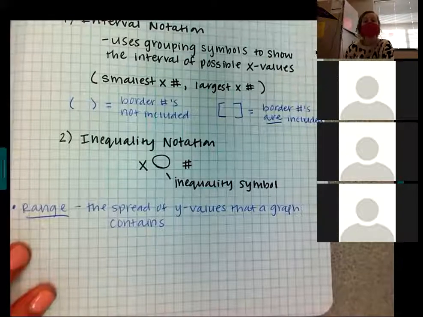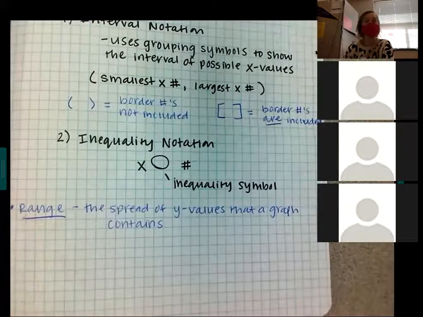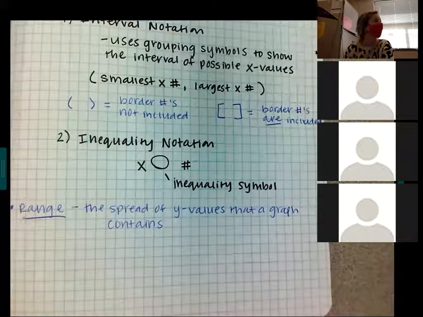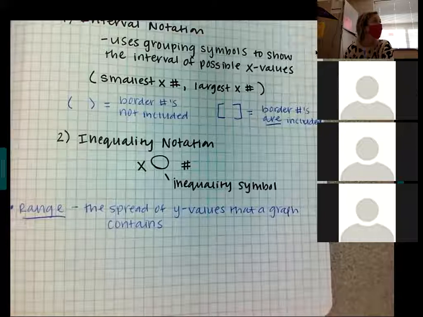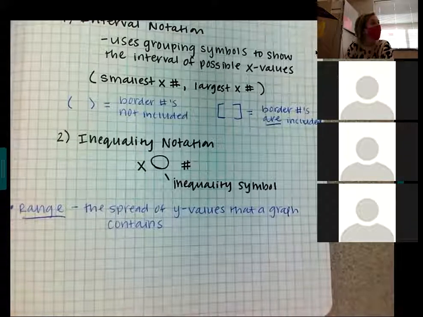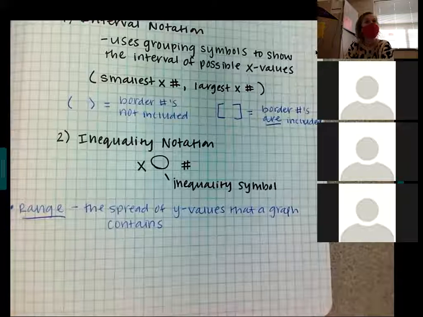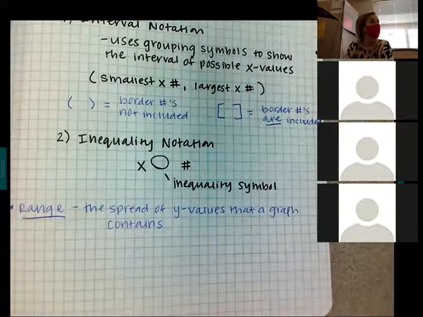Now, when you guys found range in middle school, I know a lot of you said you did the biggest value minus the smallest, right? Did they ever have you list the range? I bet they did. Did y'all ever have to put the values in order from smallest to biggest? That's listing the range.